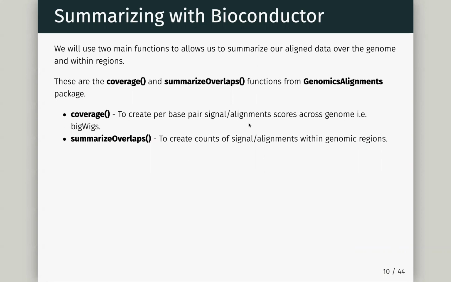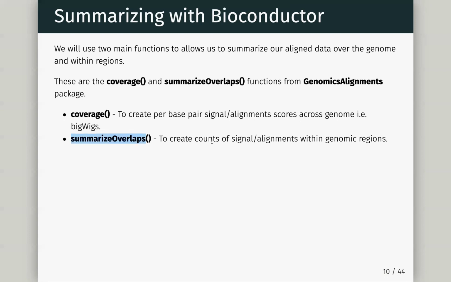This is kind of a Bioconductor methodology standard, that you'll often have the same named function operating on very similar objects. We can use coverage on GRanges, on our GAlignments, or directly on a BAM file, which will then create our base pair signal alignments across the genome. So effectively our bigwig.